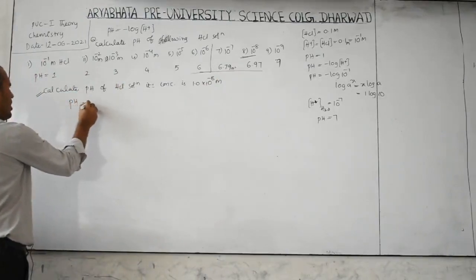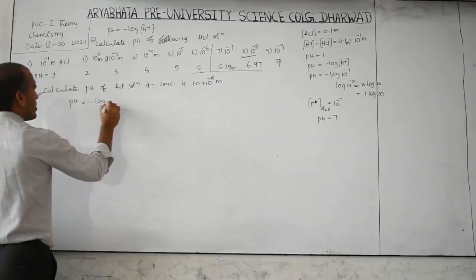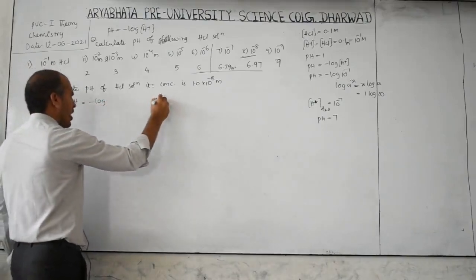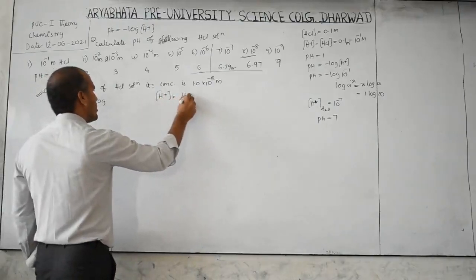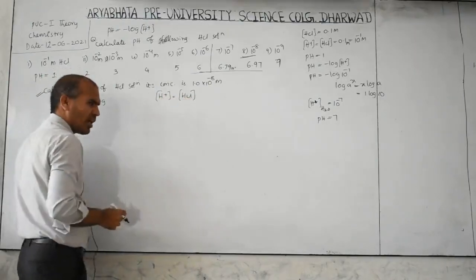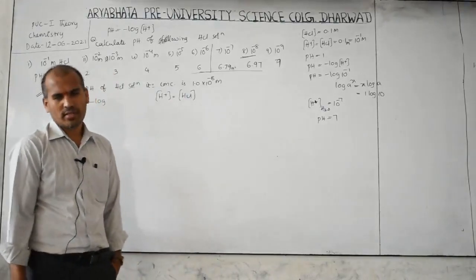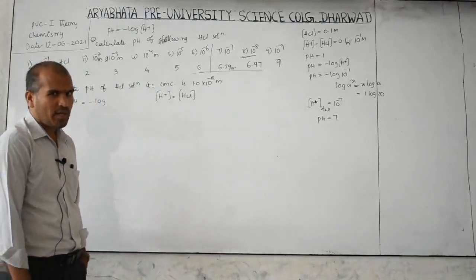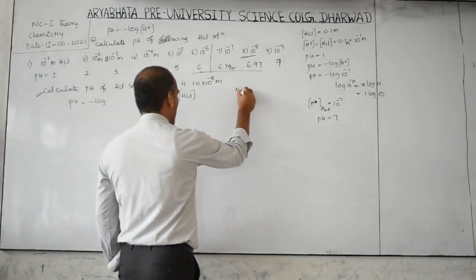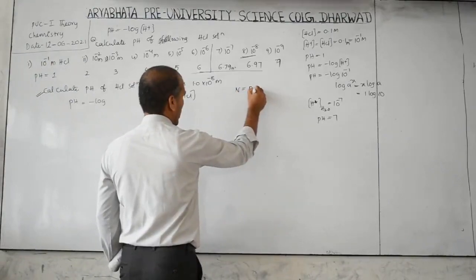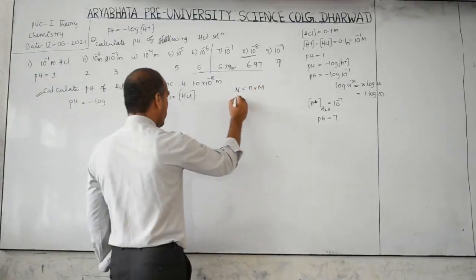pH is equal to negative logarithm of H plus ion concentration. Already we know that H plus ion concentration is equal to HCl concentration because HCl is a strong acid. Then you may ask the question, sir, you told that for H plus ion concentration you have to take normality, but you are taking molarity directly. But we know that normality is equal to n into capital M. For HCl, n factor is 1.